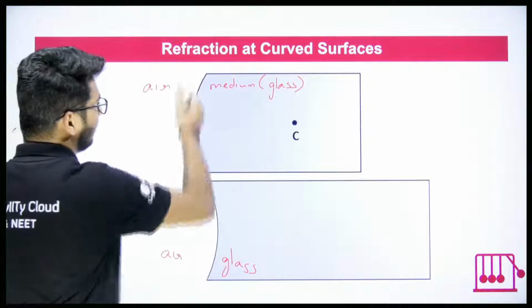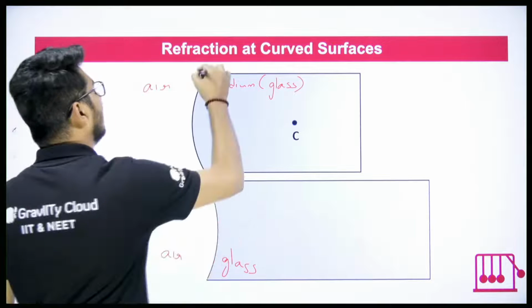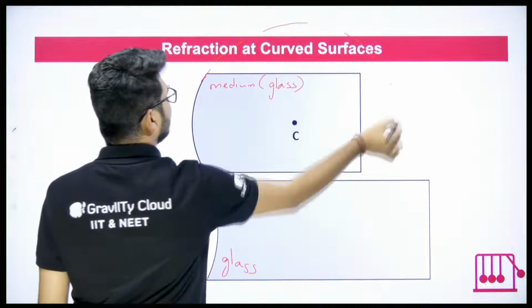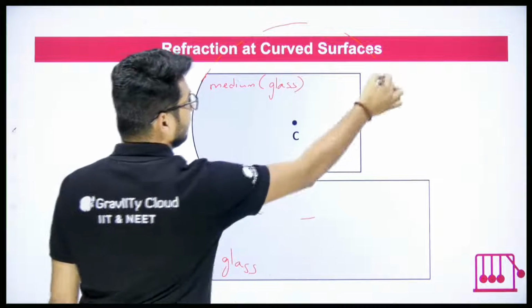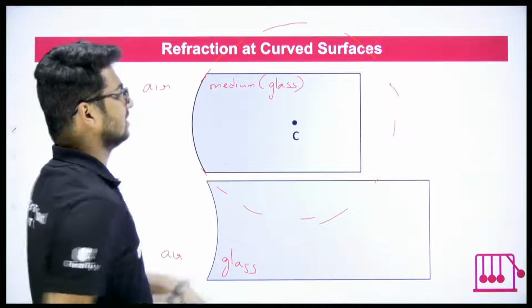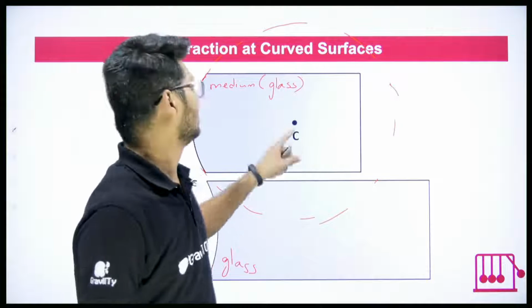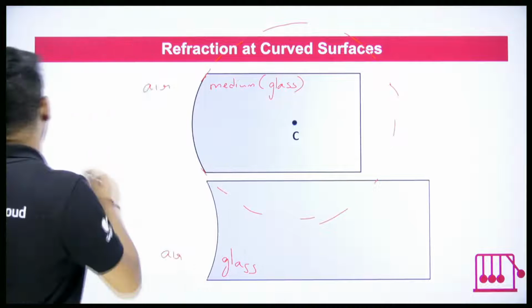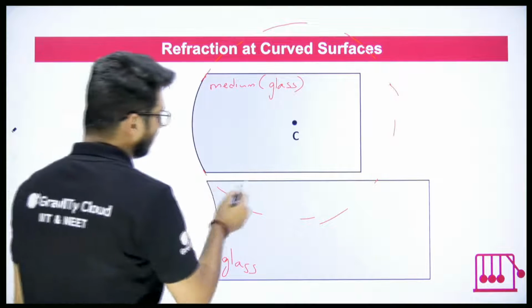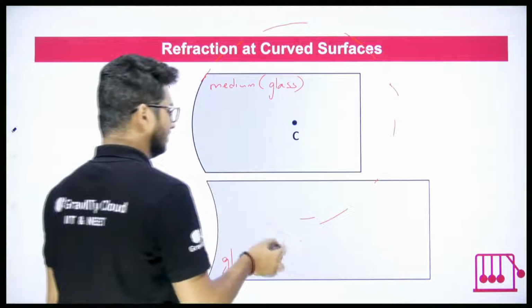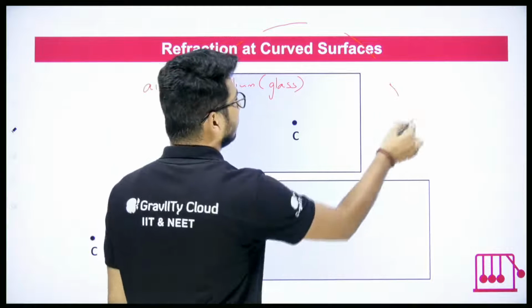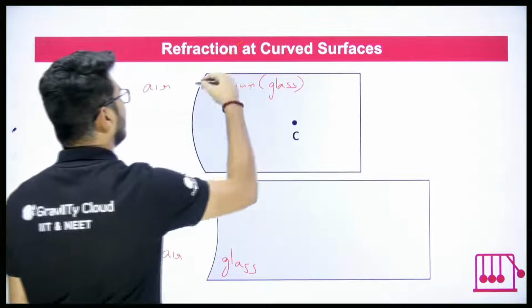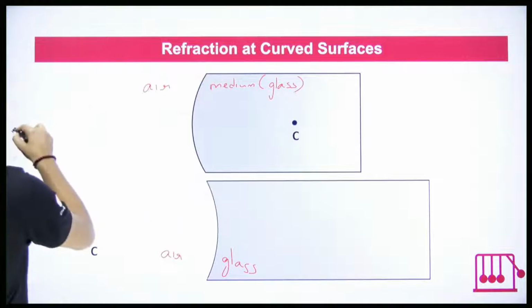Here you have a part of a spherical surface, and every spherical surface, if I complete that, I will get a sphere. It will have a center, and that center is the center of curvature of this surface. Yes or no? So if you have a curved surface, let's say a spherical curve, you can complete that, you can get a sphere, and that sphere will have a center.